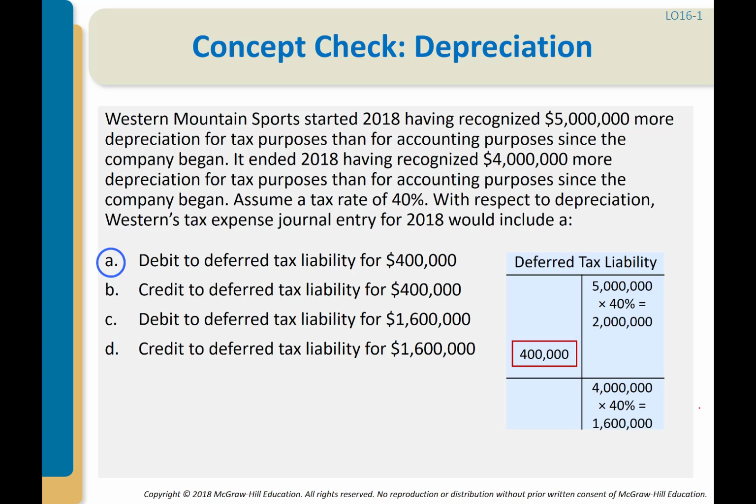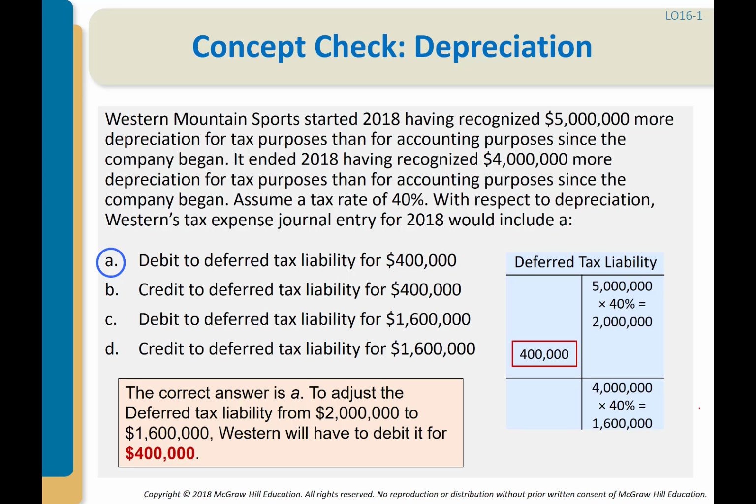So we take that 4 million times the 40%, we only need 1.6. And if we have 2 million, then we have a deferred tax liability debit of 400,000. Okay?